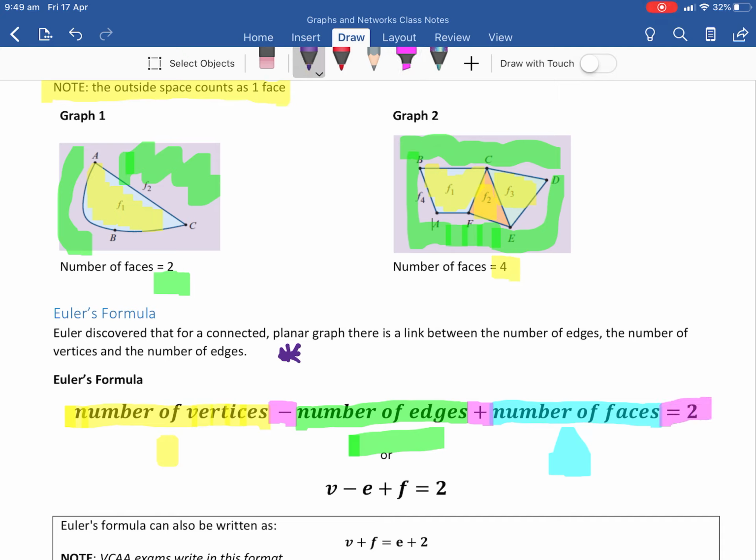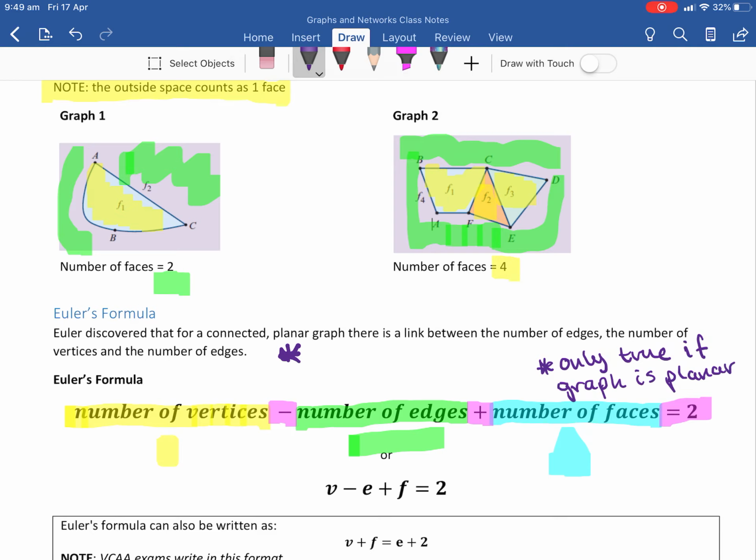This is only true, and I'll put a little note here, only true if the graph is a planar graph. Which means it's only true if you can draw the graph with no overlapping edges.